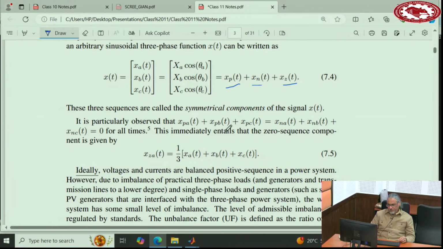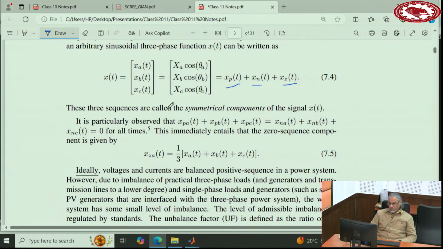We notice that for the positive sequence, because they have 120 degrees phase shift with each other, if you add them together, they become zero. For the negative sequence also, they become zero.